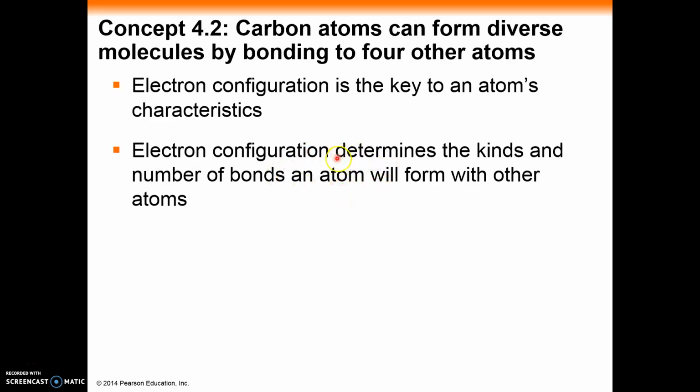The electron configuration can also determine the kinds and number of bonds that an atom can form, right? So there are some atoms that can only form 2 bonds, and it's limited to only single or double bonds. It cannot participate in triple bonds, right?